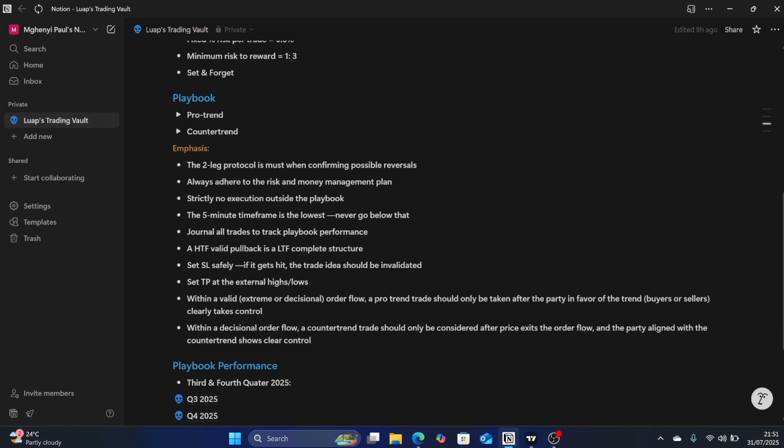Say you are in a group and someone drops a setup on the same pair that you trade, let's say GBPUSD, and that setup is against your analysis. Let's say I drop a setup, and you check that it's not aligning with your analysis. Maybe you can check where you are wrong.